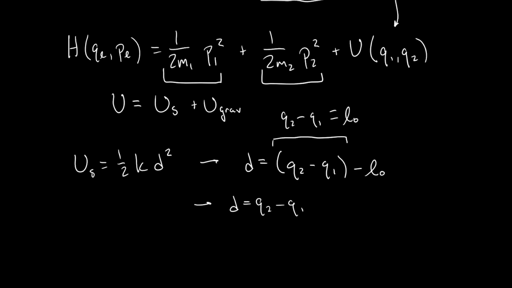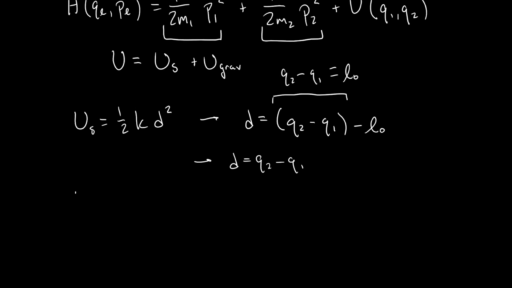We have that freedom completely. Okay? So our spring potential, in terms of Q1 and Q2, we can just write as 1/2 k, which is just the spring constant of our spring, times Q2 minus Q1 squared.